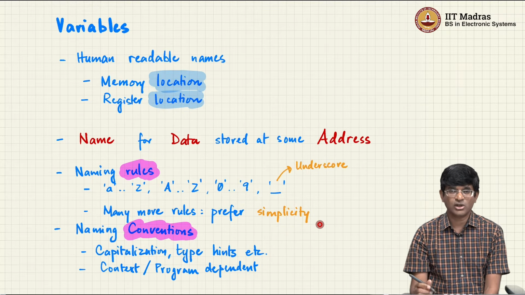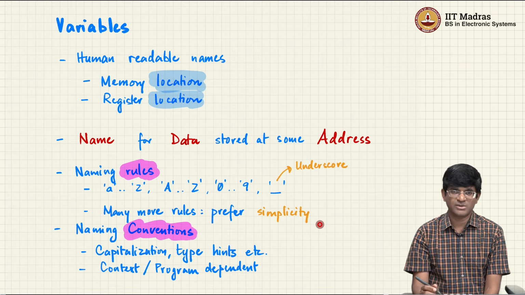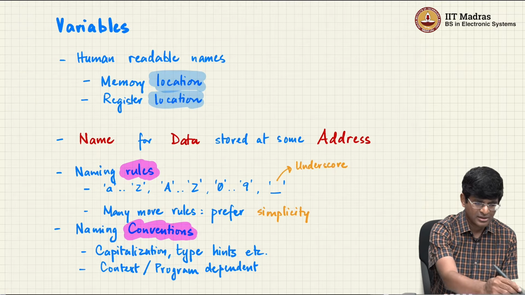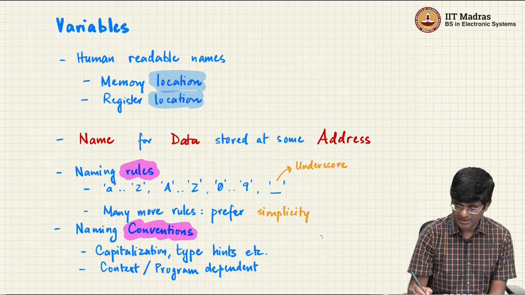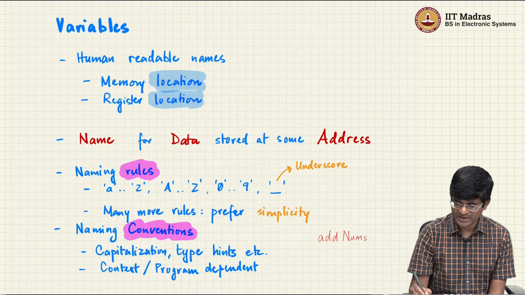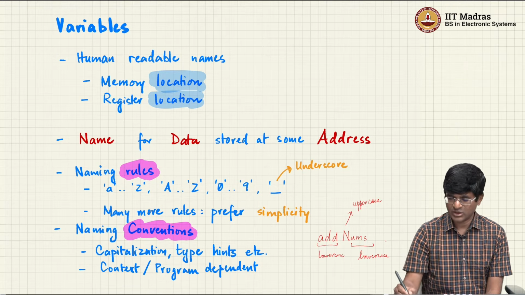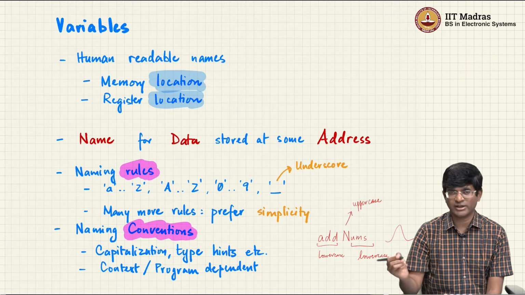There is also something else called camel case. The addNums, for example, that I had shown earlier follows that. Effectively what it says is, if I have a name like add, lowercase, then Nums with uppercase, and once again lowercase, this is supposed to be like the hump of a camel, so it is called camel case.